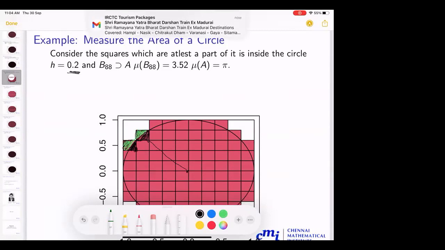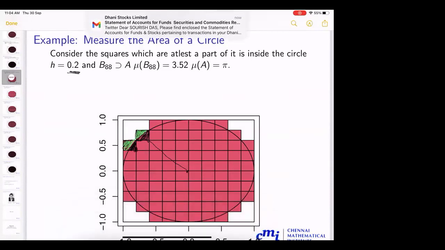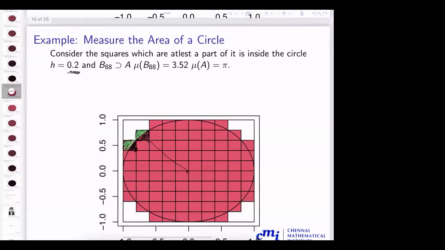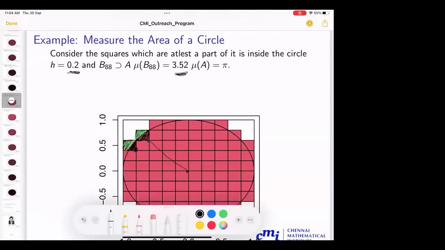There are 88 such squares, what we figured out. And it turns out the area of this new geometric shape is 3.52. And this 3.52 must be the area of this geometric shape, I'm calling it B88. The area of this geometric shape must be greater than the area of the circle, which is pi.